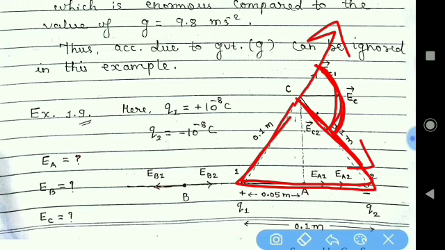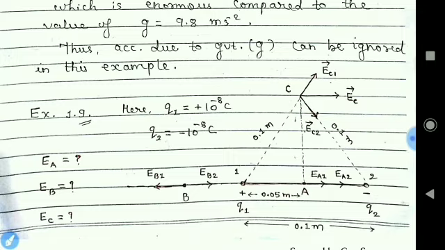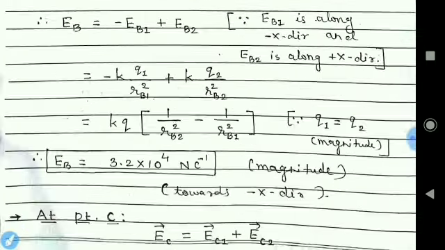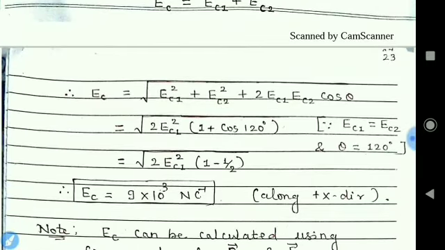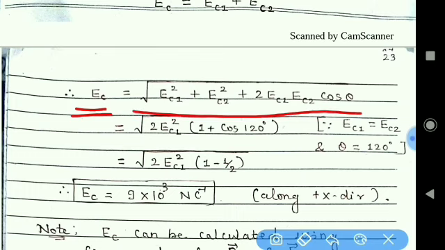And then finally, to find this resultant electric field, we can apply the formula which we have used earlier for the forces also. So the electric field at point C is the square root of this first electric field square plus second electric field square, then plus 2 into this term.